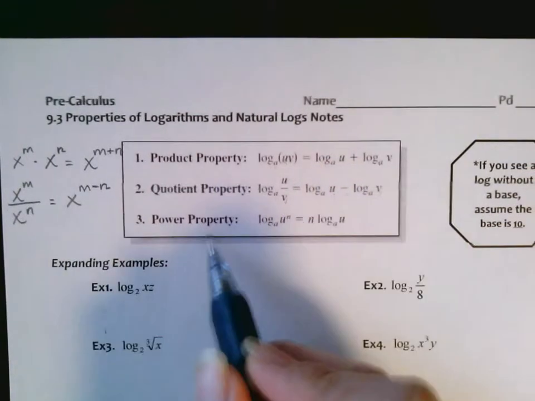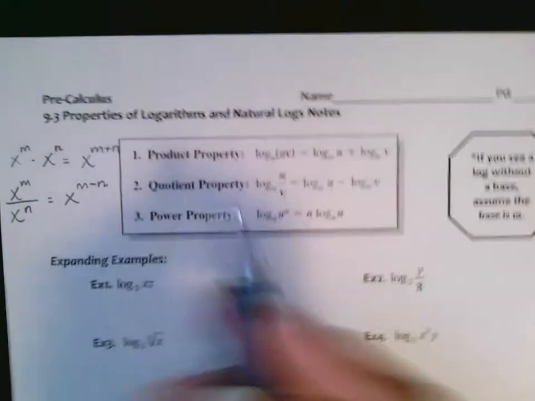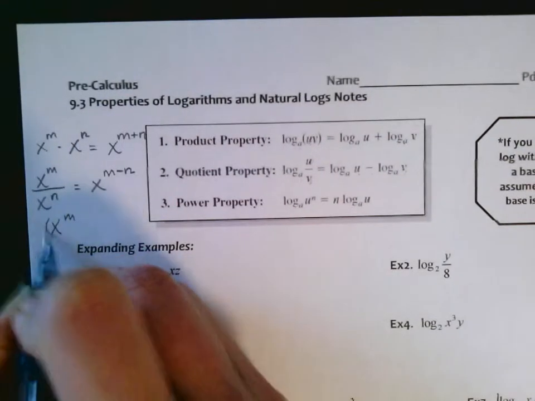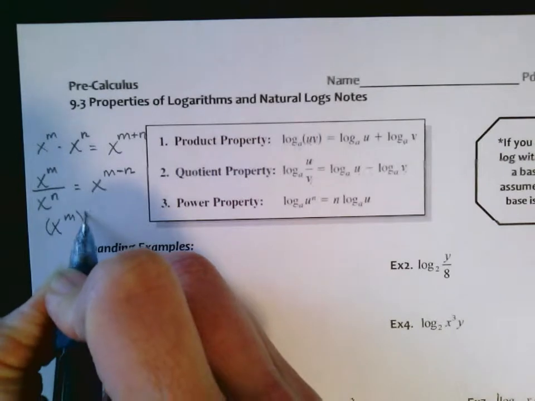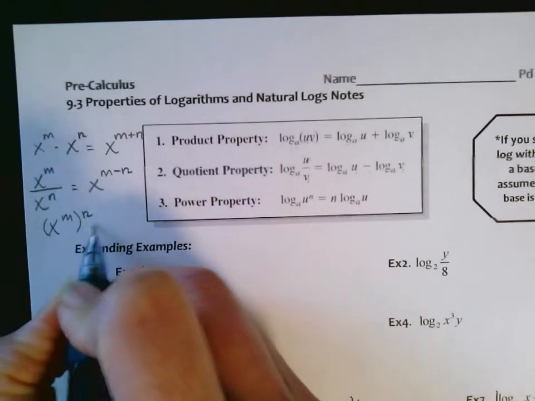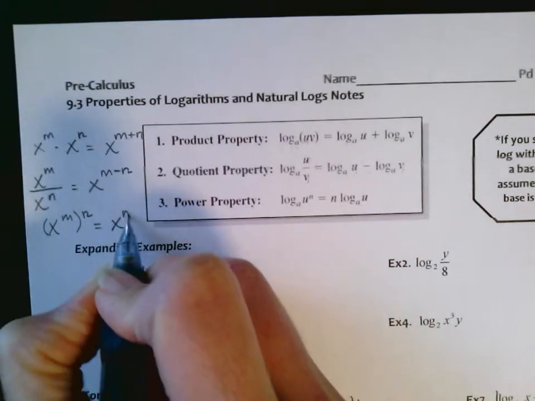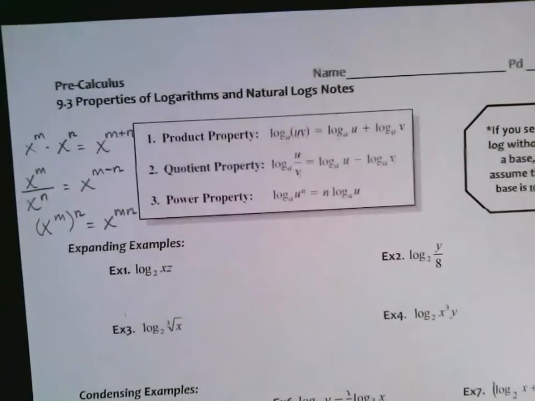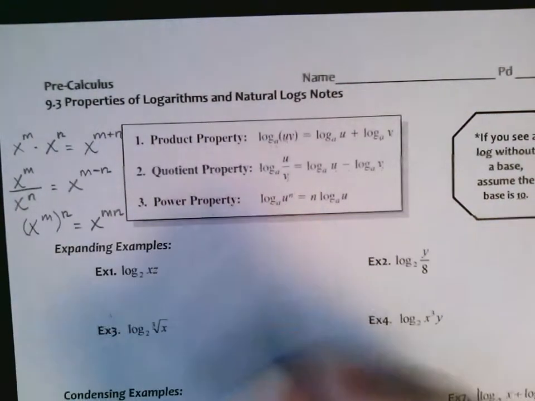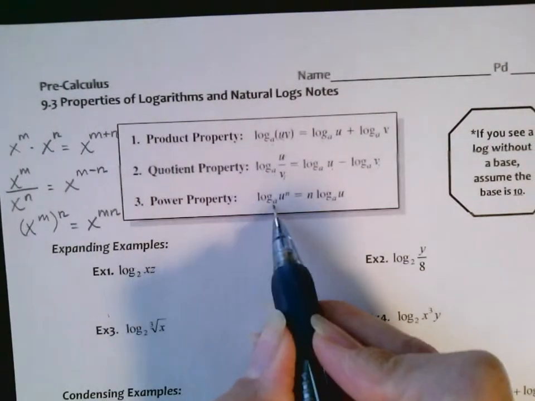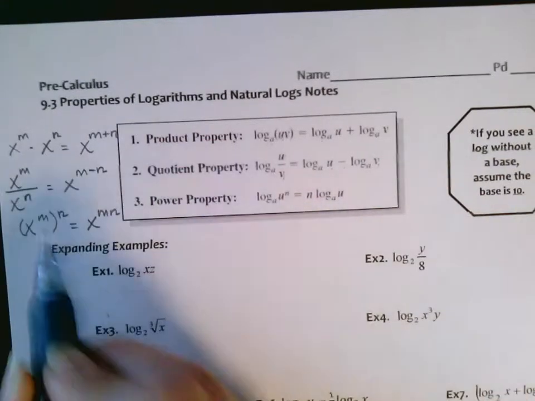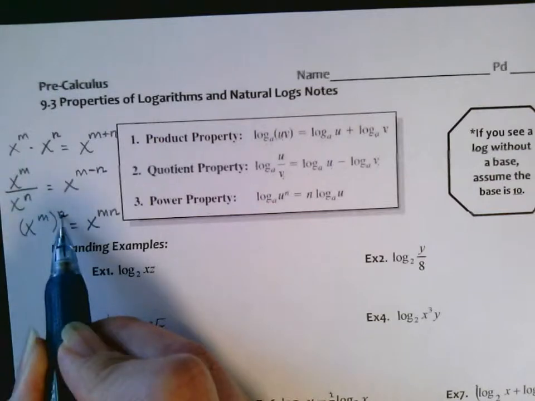This last power property doesn't really emulate that much. Let's write the one for exponents. If you have a base raised to the m power, and then there is an n, which is the power raised again, all you do is just multiply. So m times n. So what they're doing here is the same thing. You have log base a of u, and the u is raised to a power. When you have a power raised to a power, we want it to multiply.